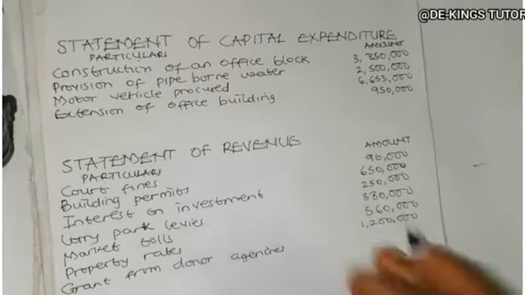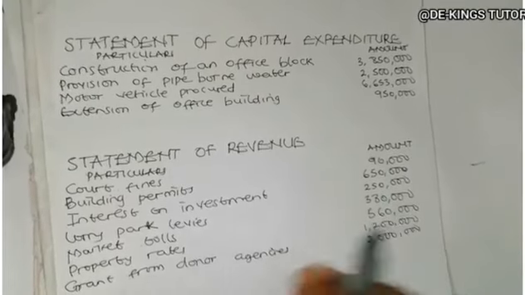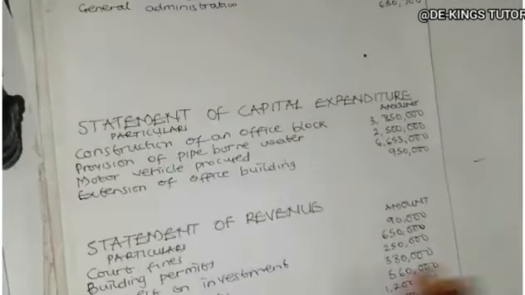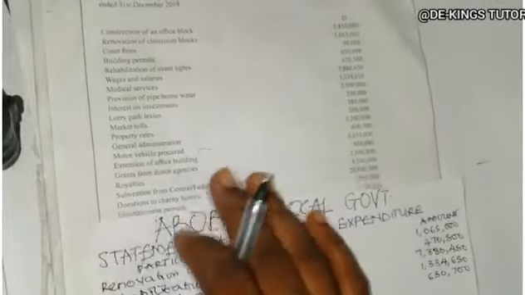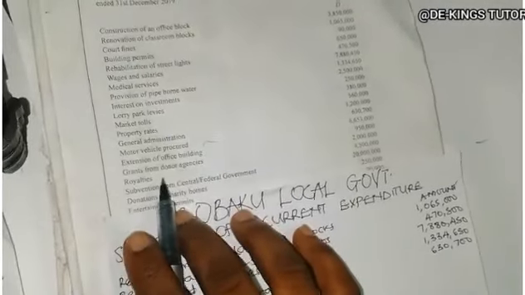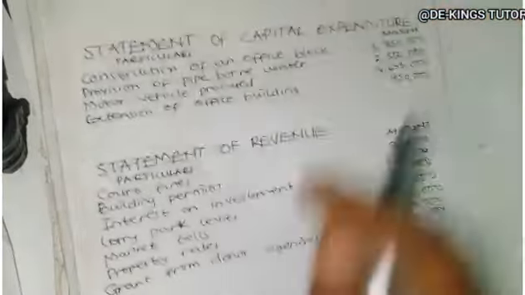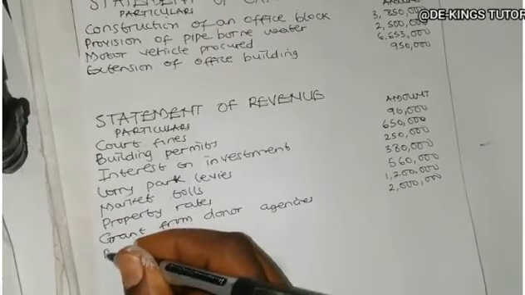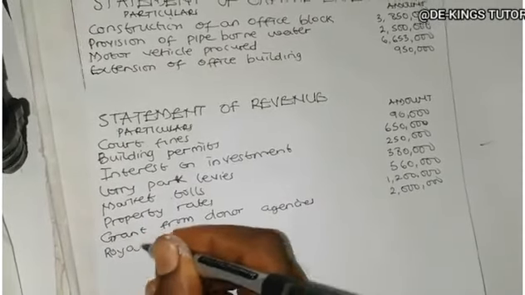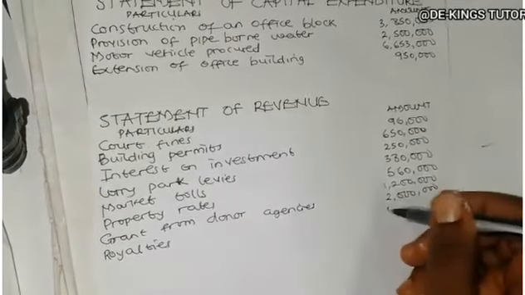The next one is royalties, 4,500,000. It's also a revenue to them.